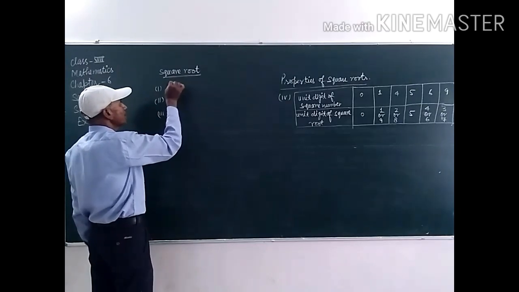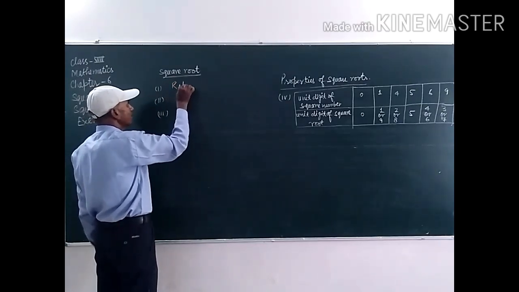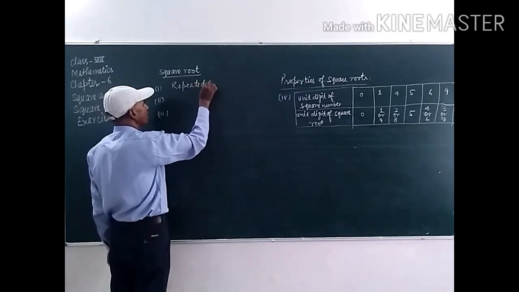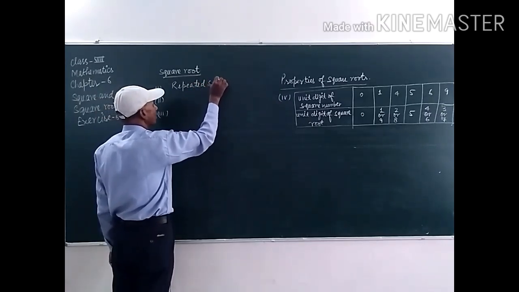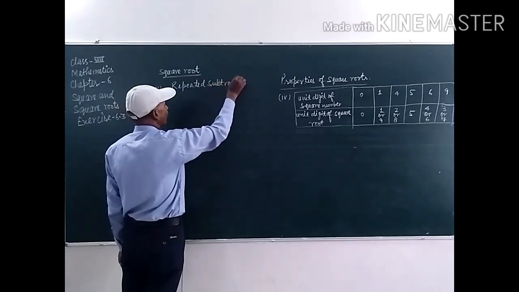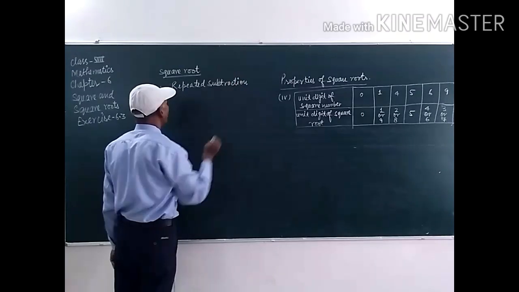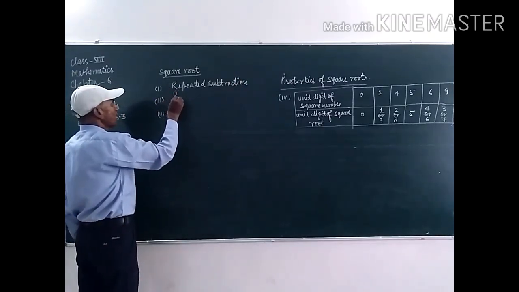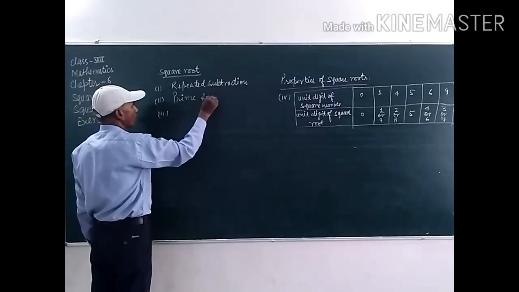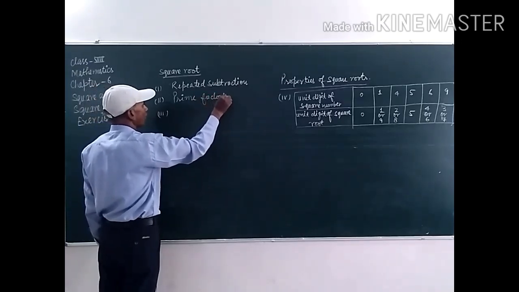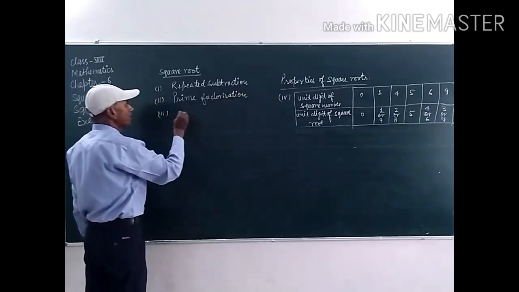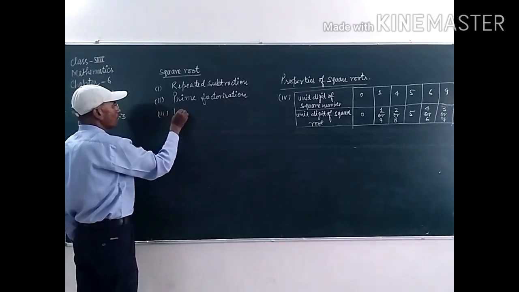The first method is the repeated subtraction method. Second one, prime factorization. And third one, the long division method.